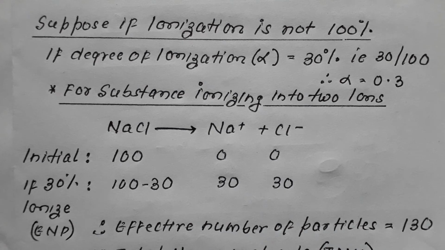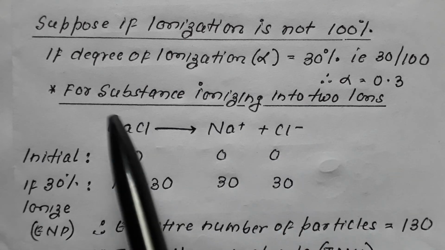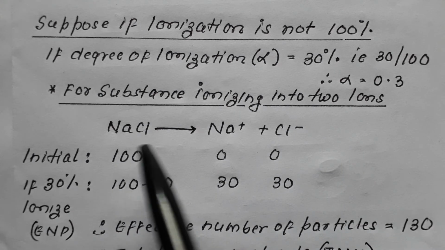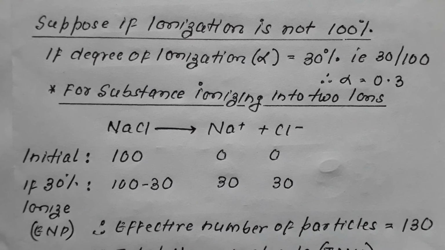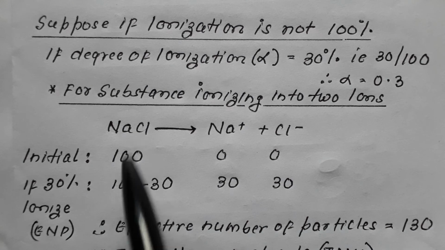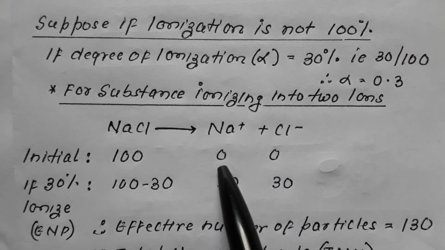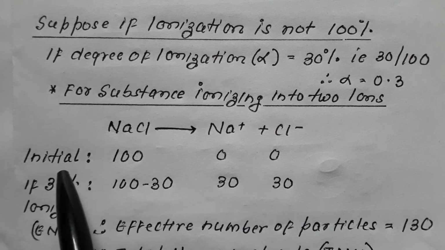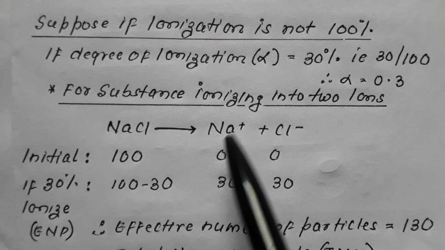But if it is not 100%, then what? We are discussing a substance that ionizes into only 2 ions, for example NaCl. NaCl ionizes to give Na plus and Cl minus. So what is the initial value? Suppose we have taken 100 molecules of NaCl. How many Na ions? Zero, because there is no ionization yet. Initially we have NaCl 100.